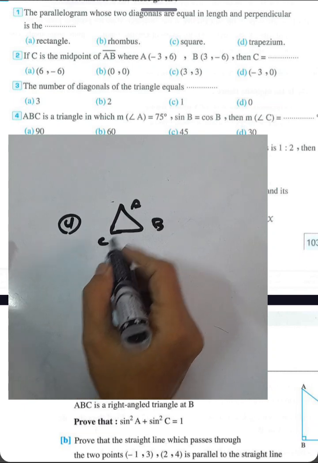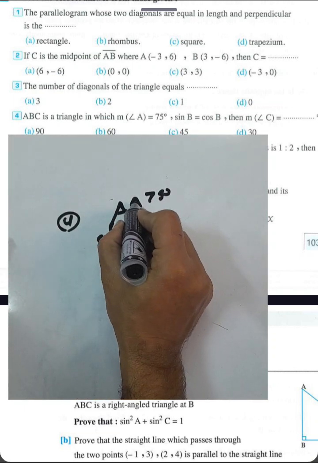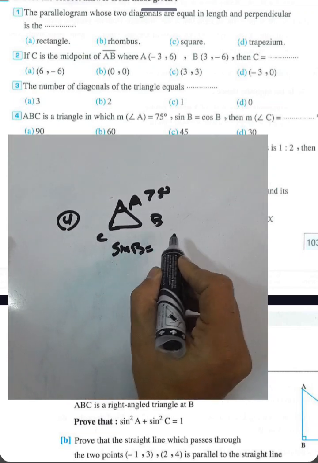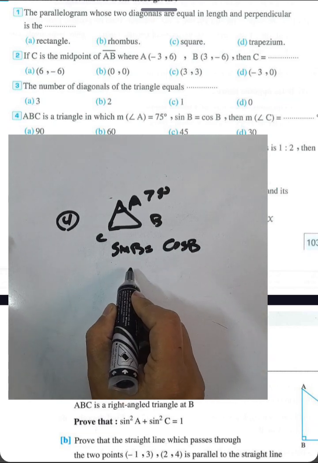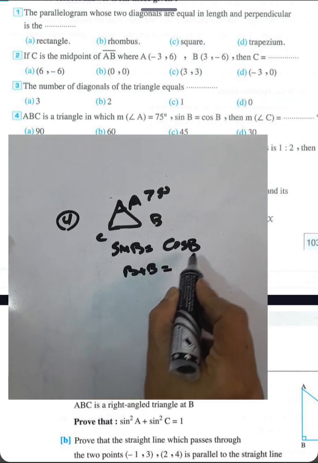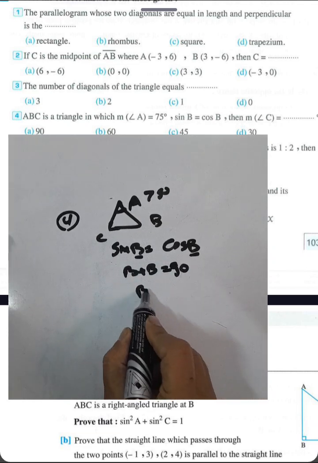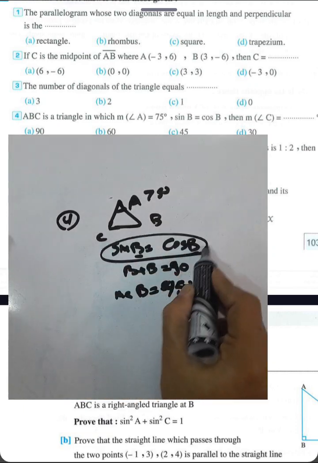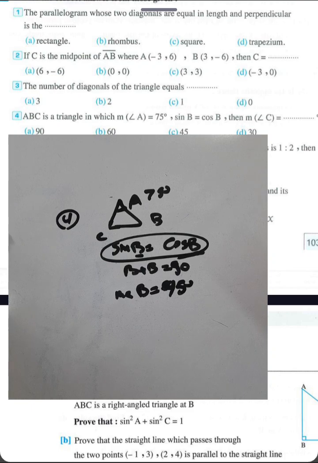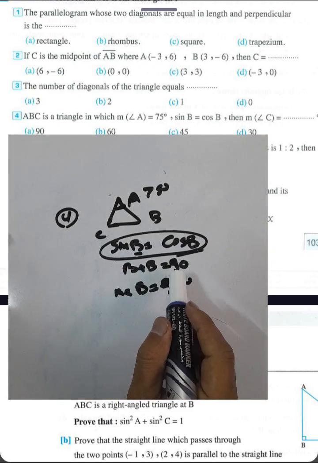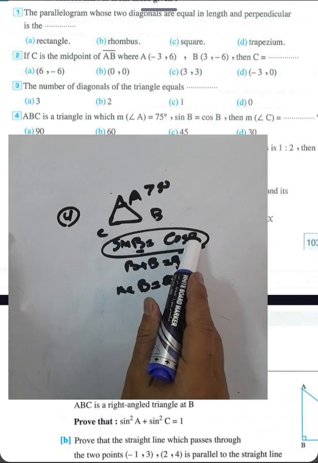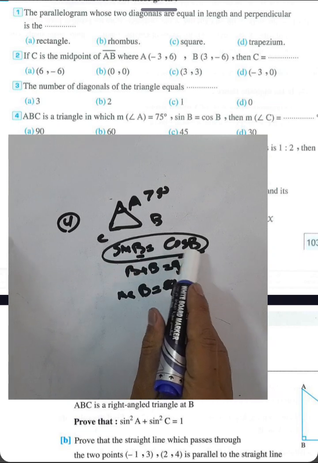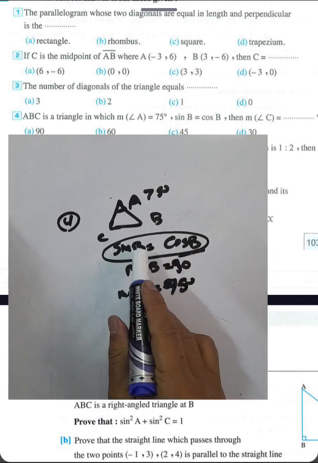Measure of angle A is 75 degrees, and sine B equals cosine B. That means the two angles sum to 90, or the two angles are equal in measure, each of them 45, because with sine and cosine the two angles must be complementary.